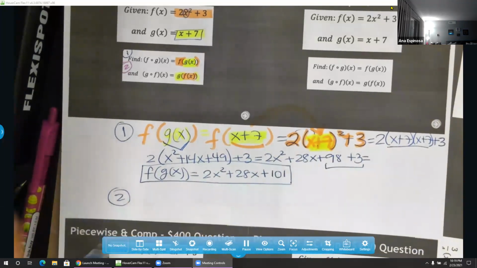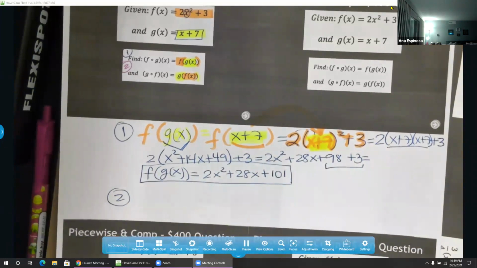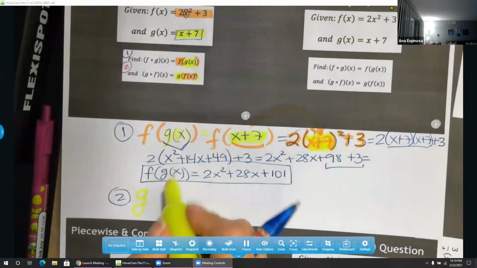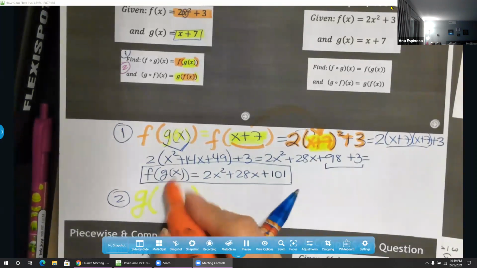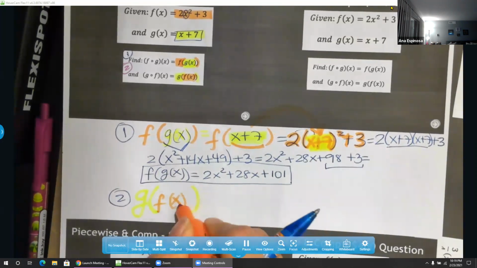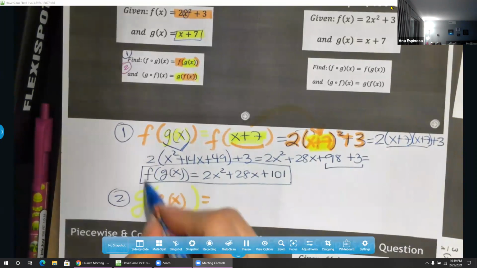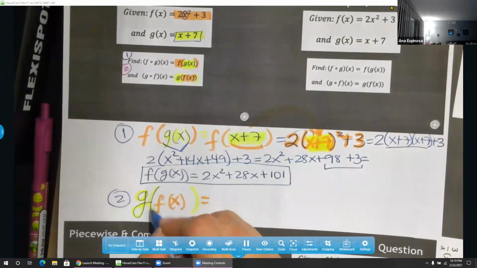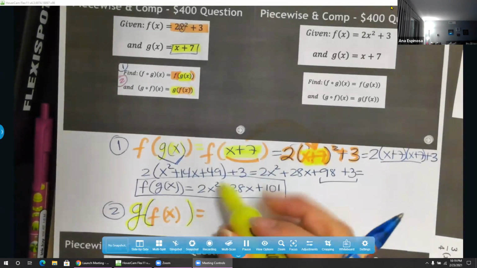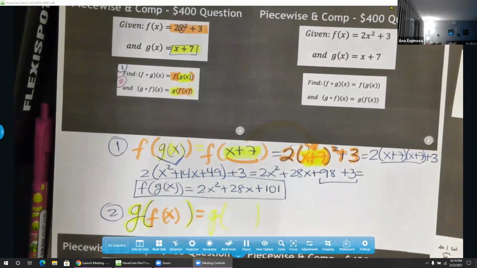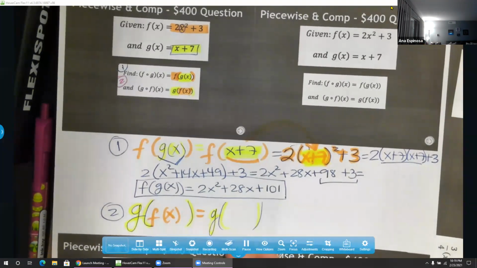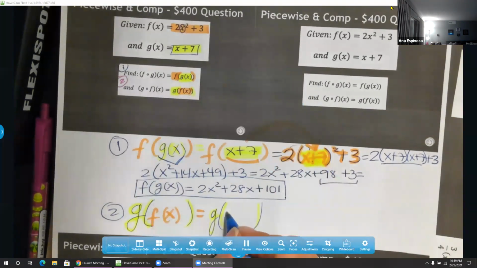If we do the second one, which is g of f of x, there's always one easier one and one harder one. Okay, let's do that. I'm gonna go to the g function and plug in my f function, which is 2x squared plus 3.